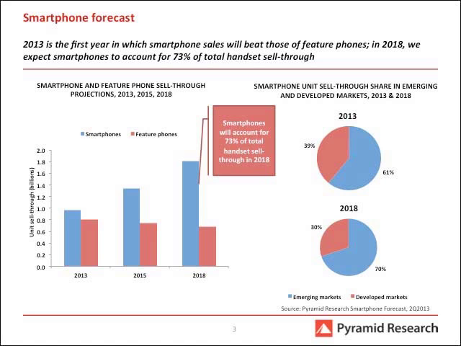And the gap between the sales of smartphones and feature phones will significantly widen in the next 5 years. As you can see, in 2018, smartphones will account for 73% of total sell-through globally.